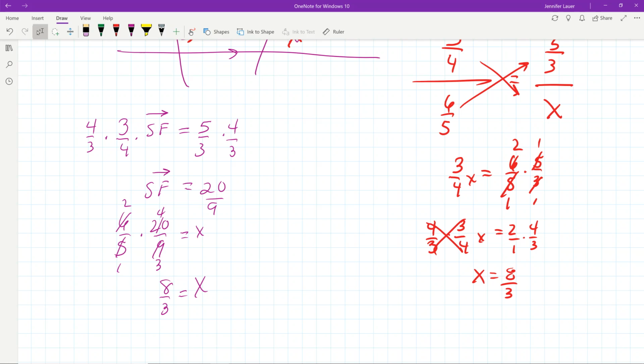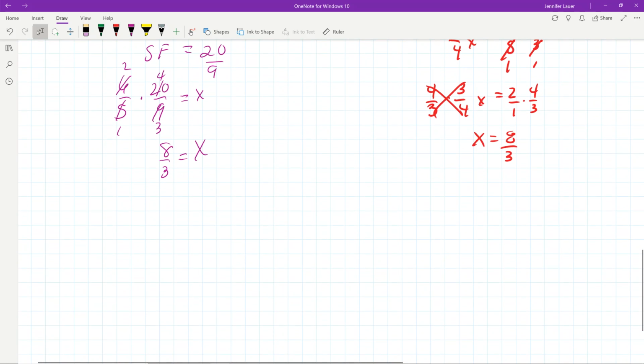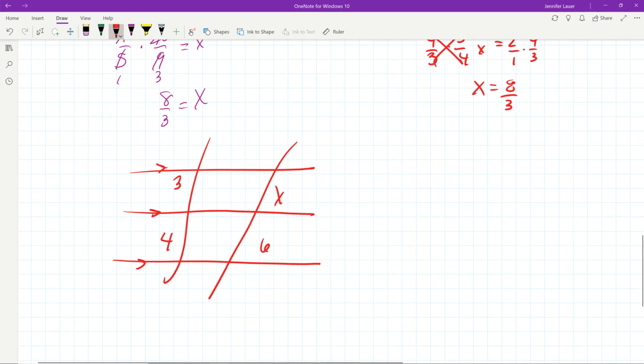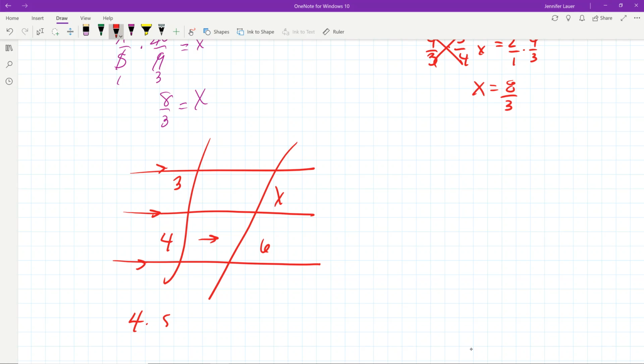I'm going to do one more just to kind of take it home, and then we will stop. Parallel lines cut by a transversal. That should be a straighter transversal. I'm not very good. Scale factor: 4 times some scale factor is equal to 6.